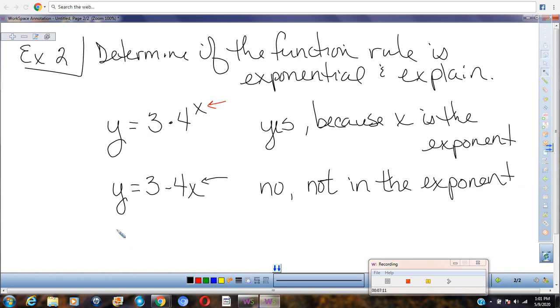How about one more? Let's say f of x, which remember just means y, equals 1.5 to the x. Again, your variable is in the exponent, so this is yes, for the same reason.